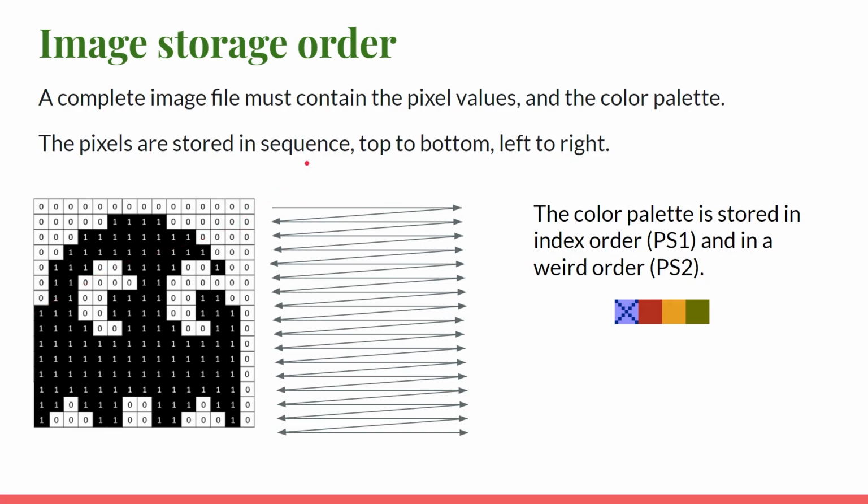So we said that an image contains all of the pixel values, as well as the color palette. But what order are they stored in? Well, it's in this order. The pixels are stored starting from the top left and going across, then going to the next line and going across, and repeating that pattern until the entire image is stored.